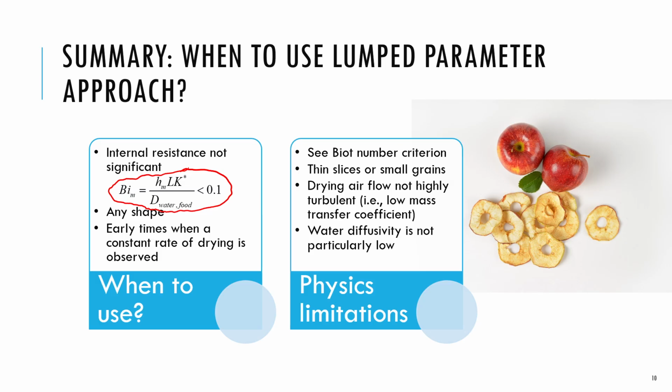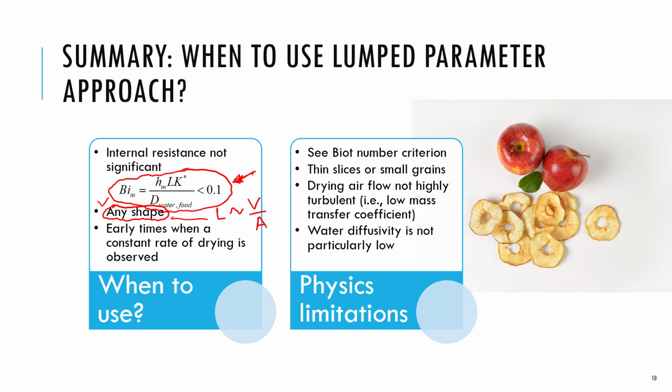Unlike diffusion formulas, because it's not diffusion limited inside, it's really true for any shape. So for any shape, we can approximate L as V over A, where V is the volume of the food and A is the surface area, and we can see whether the condition above is satisfied, and then we can use it.